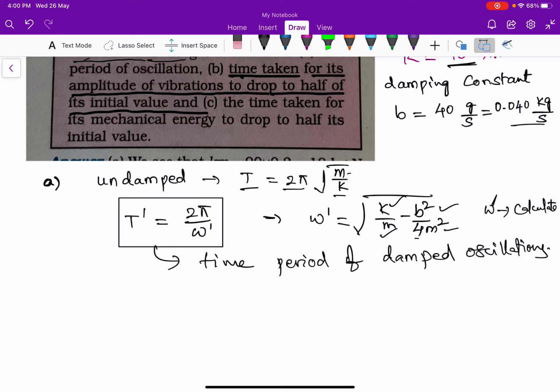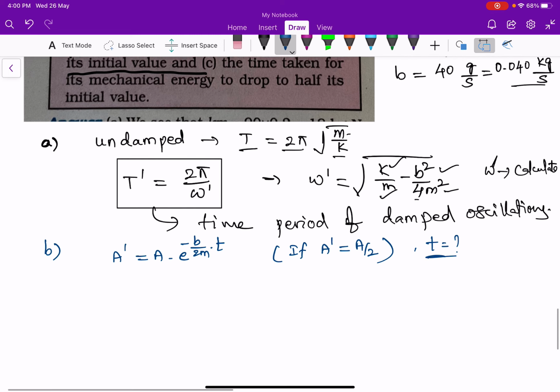That means here, for the case of B, we know the amplitude A dash is equal to A into e power minus b by 2m into t. Here the case is when A dash is equal to half of its initial amplitude, A by 2. What is the time taken to drop the oscillations from the initial to half of the initial value? He has asked us to find out what the t value is here.